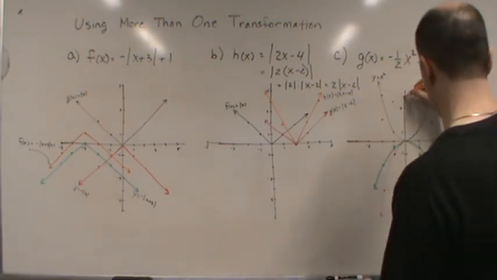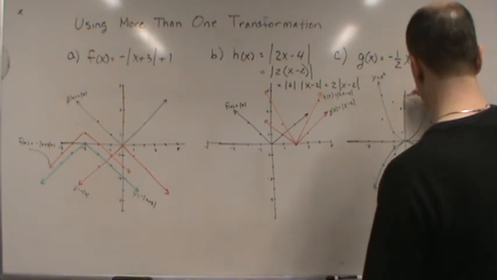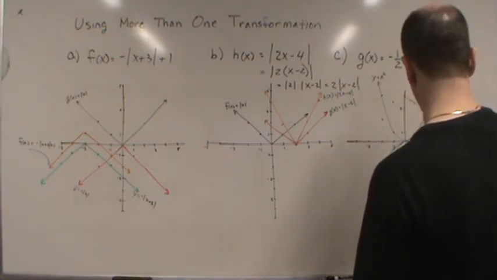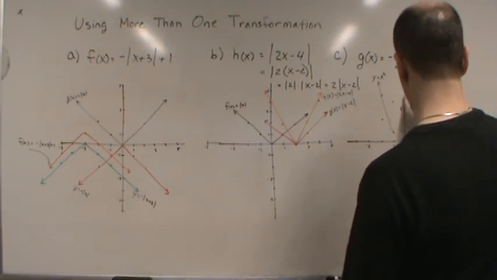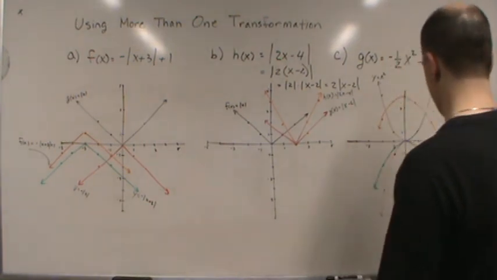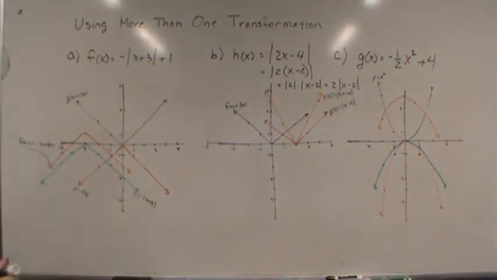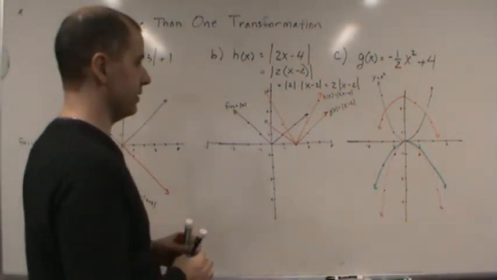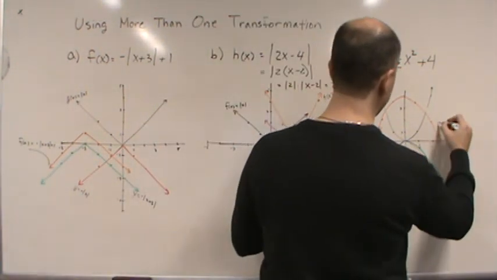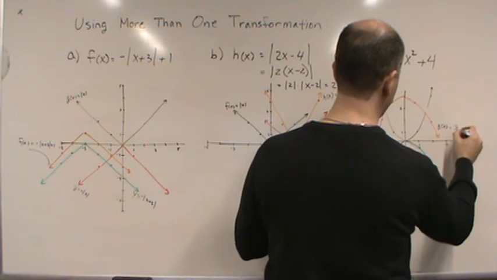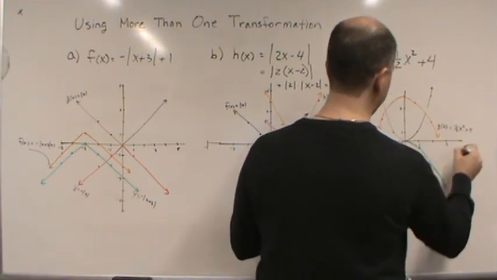And so we get something that looks like that. And so this is the final graph. So this is g of x equals negative 1/2 x squared plus 4.